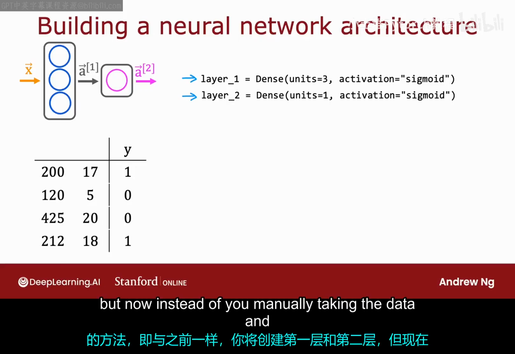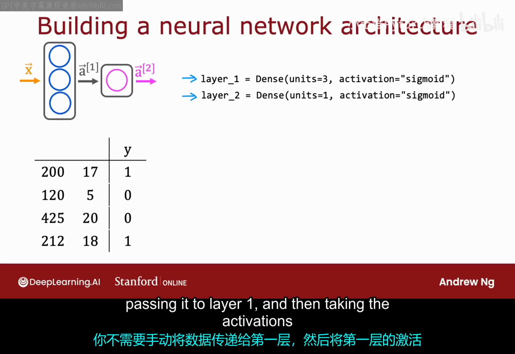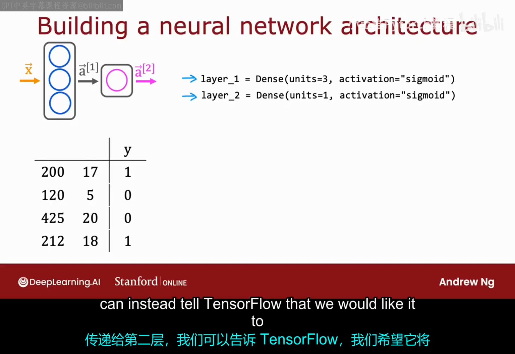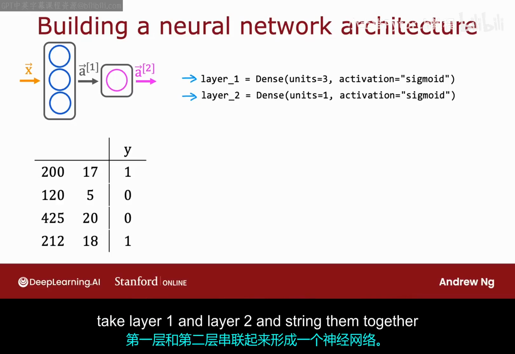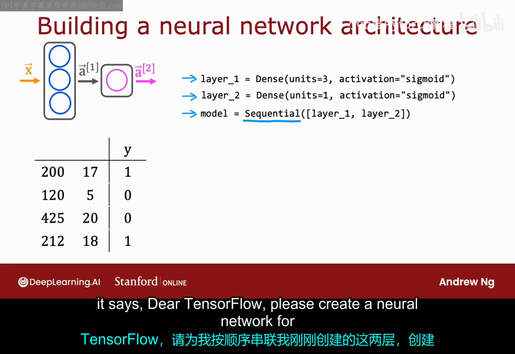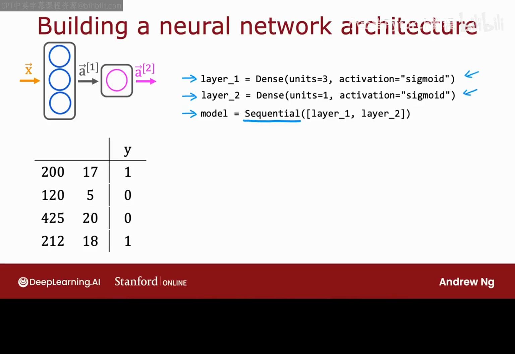But now, instead of you manually taking the data and passing it to layer 1 and then taking the activations from layer 1 and passing it to layer 2, we can instead tell TensorFlow that we would like it to take layer 1 and layer 2 and string them together to form a neural network. That's what the sequential function in TensorFlow does, which is it says, "Dear TensorFlow, please create a neural network for me by sequentially stringing together these two layers that I just created."